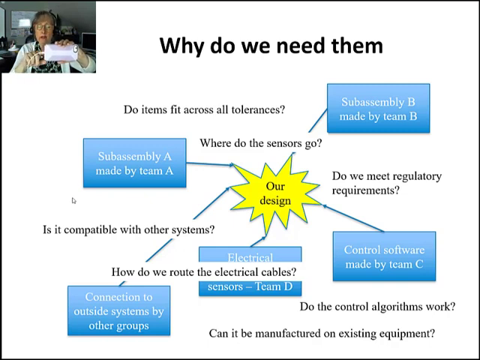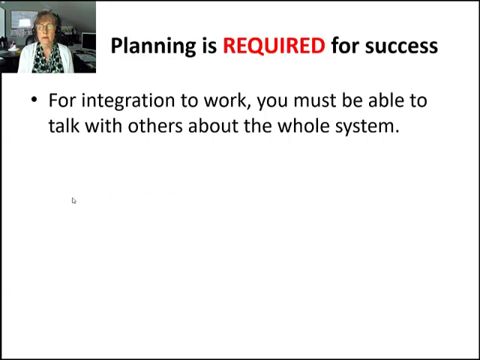We need the electrical signals to match so that this side is sending what this side is expecting. Same with the messages. We also have perhaps regulatory requirements. For example, this phone maybe has a certain voltage and current requirement so that it can be considered safe by regulatory agencies. And finally, we need to be able to build these things. So planning is required. This is the most important thing.